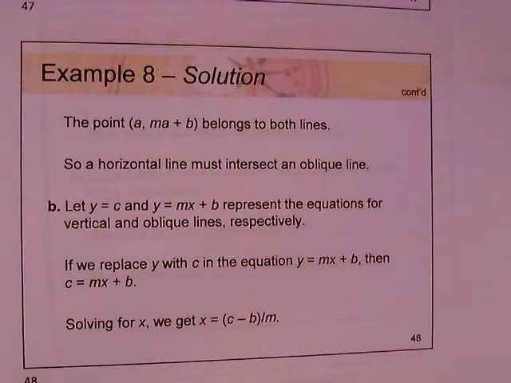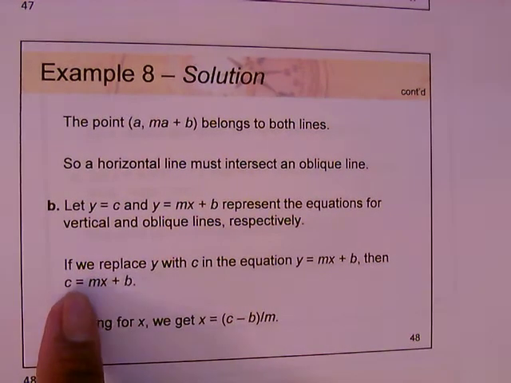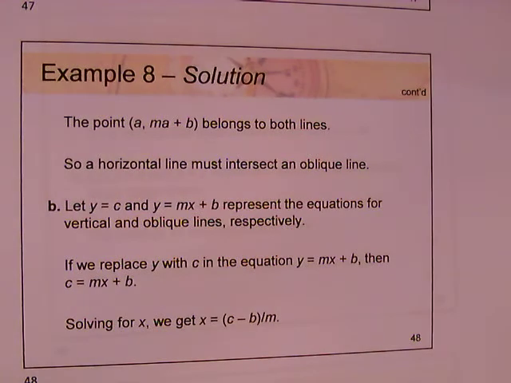Now part B, we have y equals c and y equals mx plus b. Y equals c represents the horizontal line, and y equals mx plus b represents the oblique line. If we replace the y with a c in that equation, then we have c equals mx plus b.